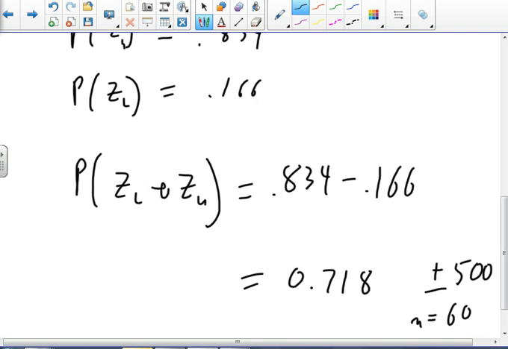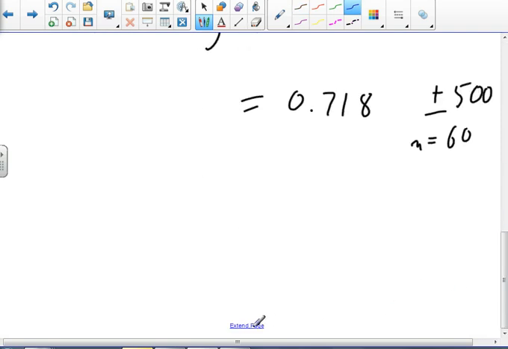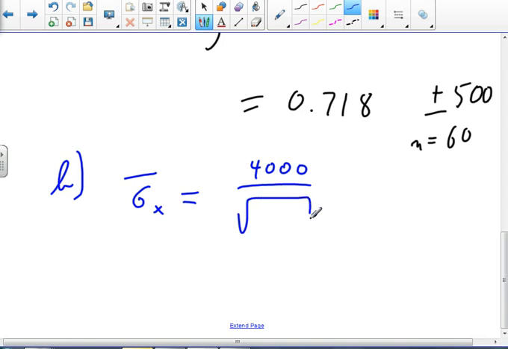All right, now we're about ready to start part B. So part B, we're doing it all over again. We're looking for that guy. We're going to take 4,000 divided by the square root of 120, and we're going to get 365.1.